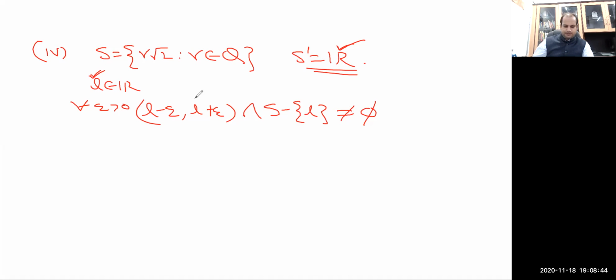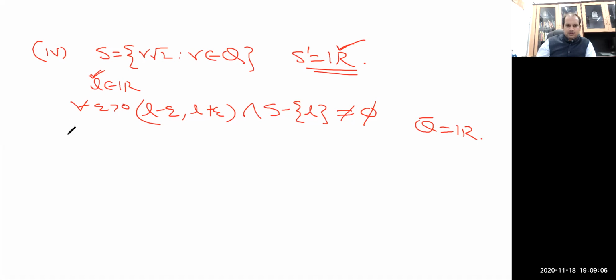This we need to claim. So again, this can be done using the density of rational numbers. We know that rational numbers are dense in R, the closure of Q is R. So using that, let me explain how to show that.